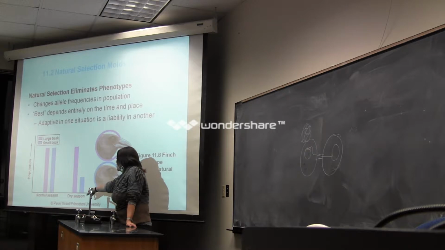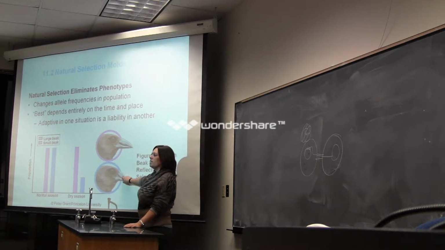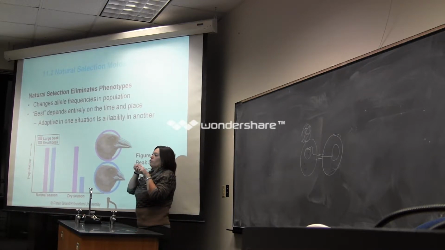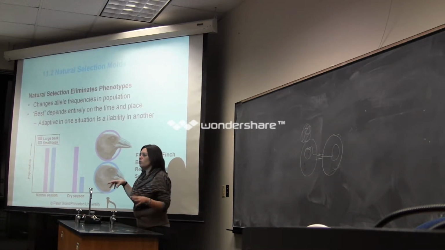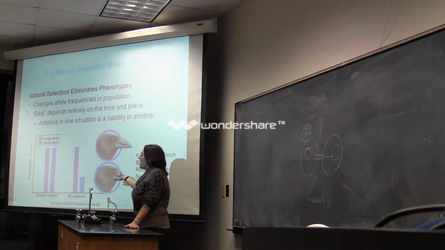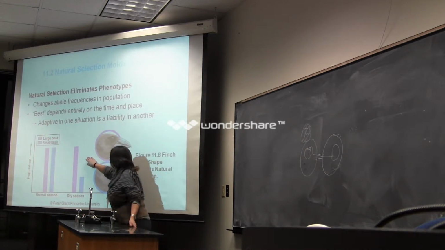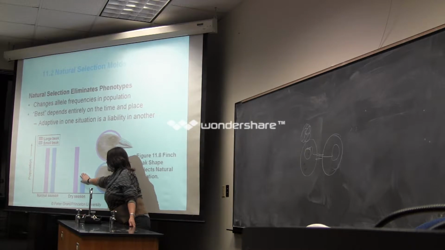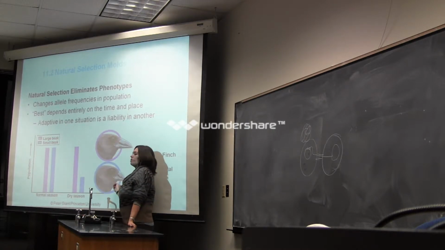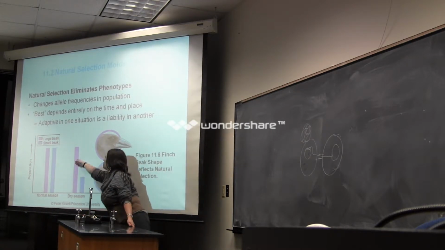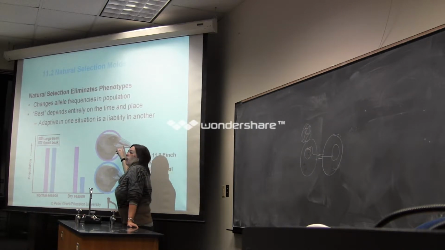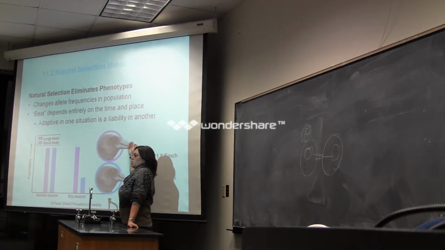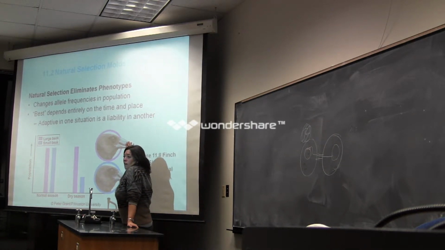So as a result of this, during the dry season, those that had the smaller beak were not able to get underground and get worms or do whatever birds do to survive. And so instead, you see that it's selecting against the birds with the short beak, and it's selecting for the birds with the long beak, because this one is better adapted to survive in dry conditions.